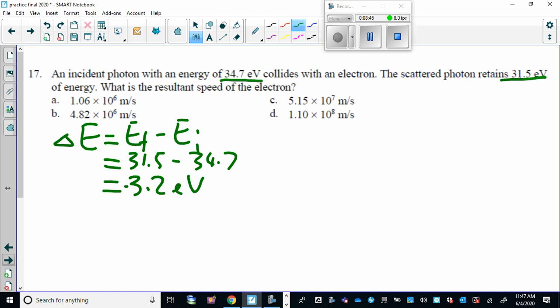You actually get negative, which means that's the energy that the photon is giving up, that means the electron has gained that. So now that the electron has gained that much energy, we just need to figure out its velocity.